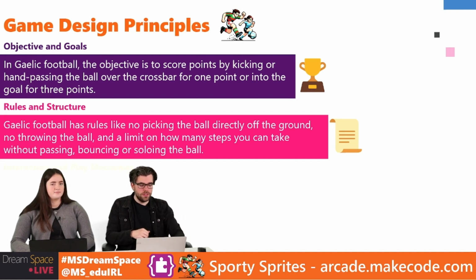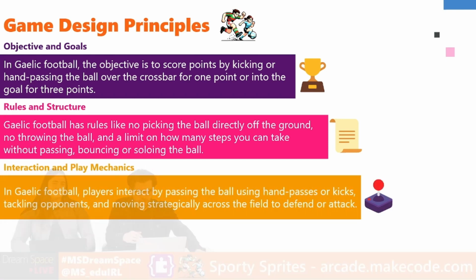Okay. So third of all, we have the interaction and the play mechanics. So talk to me. What does that look like for Gaelic football? So you can interact by passing the ball to each other, using a hand pass or kicking the ball to each other, and you move strategically across the field as well, to defend or attack. That's an important one.